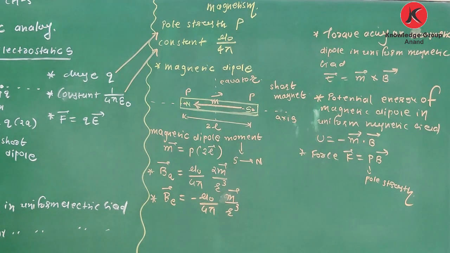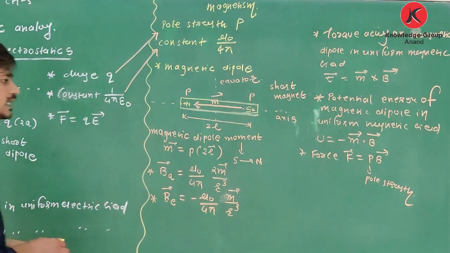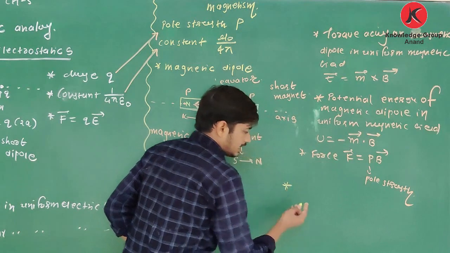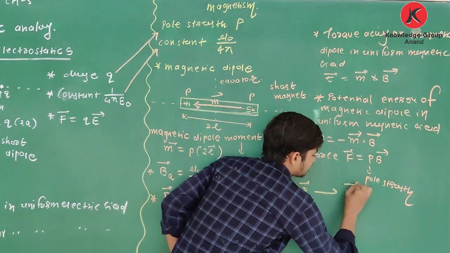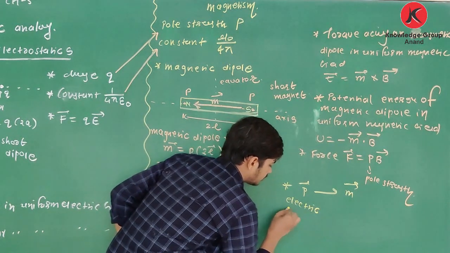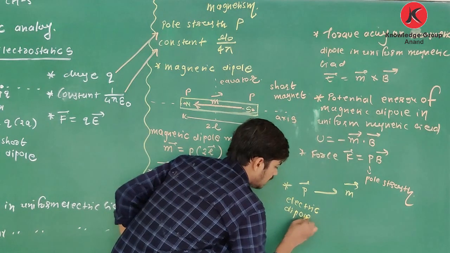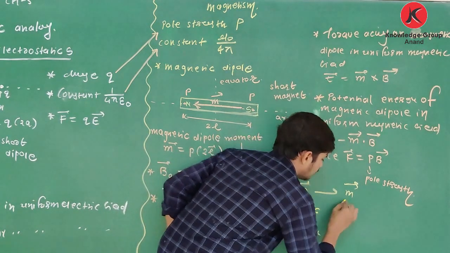Here we have electric dipole moment P, and here magnetic dipole moment M. If I want to write the analogy, then P is analogous to M, where P means electric dipole moment and M means magnetic dipole moment.